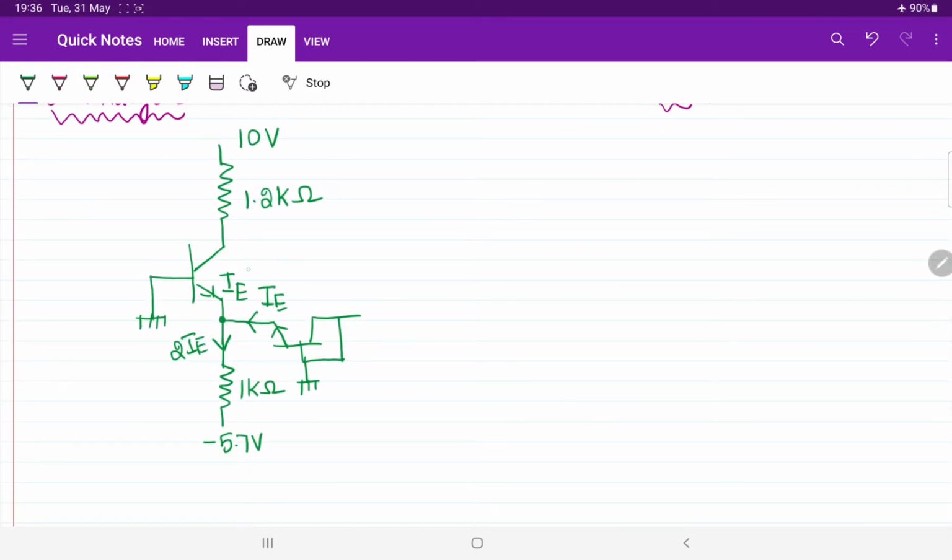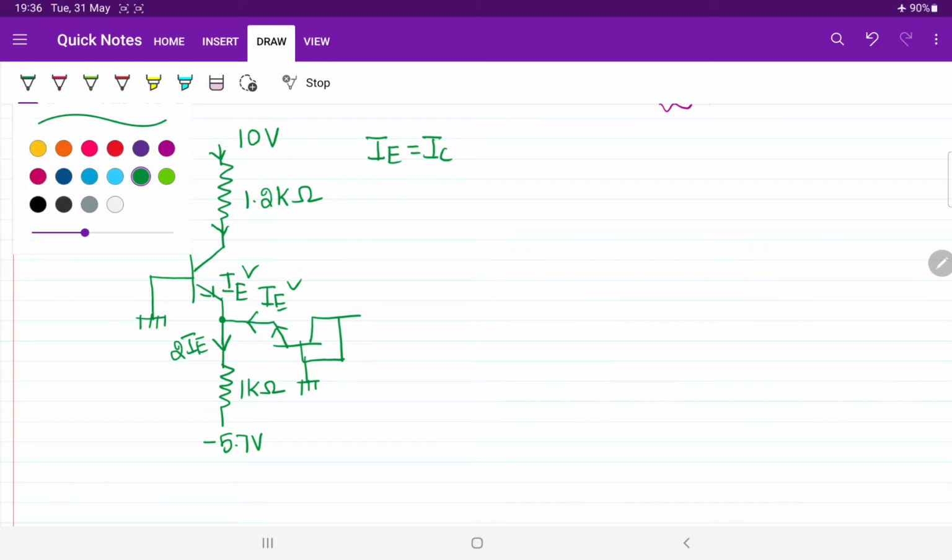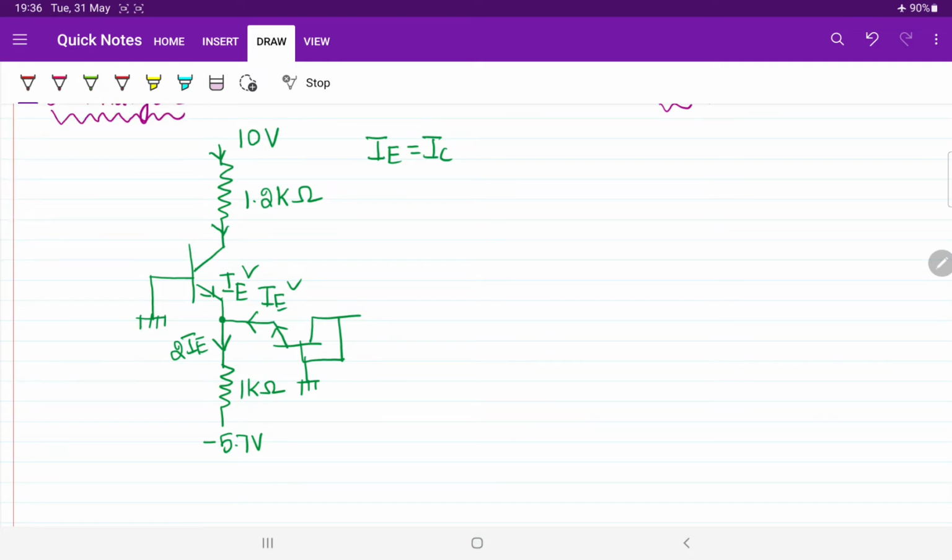That's why in both cases I have taken the same emitter current. Of course, when beta is very large, the emitter current and collector current are going to be equal to each other. So here we know this is the branch terminal where we carry the collector current, but according to the conclusion, emitter current and collector current are the same. So directly I am treating it as the emitter current only.